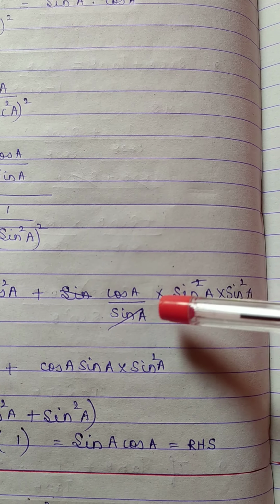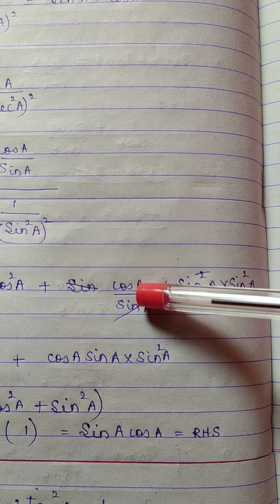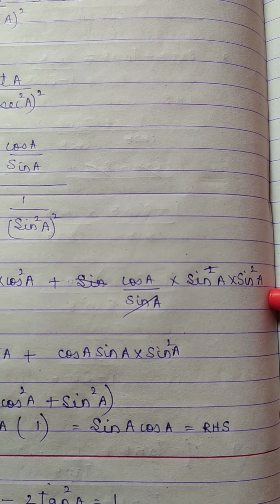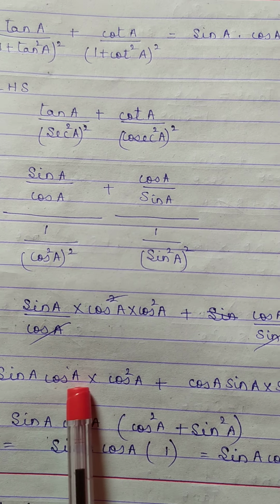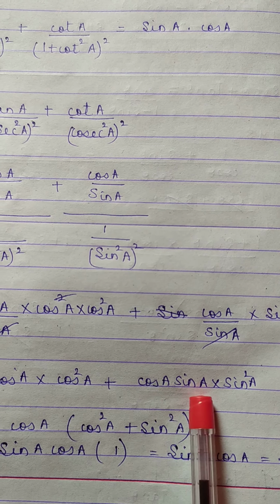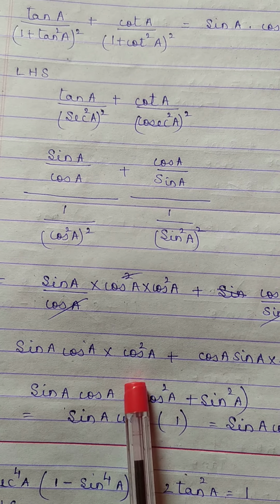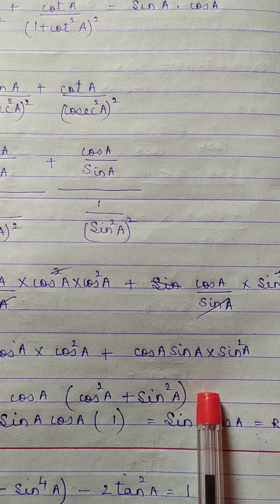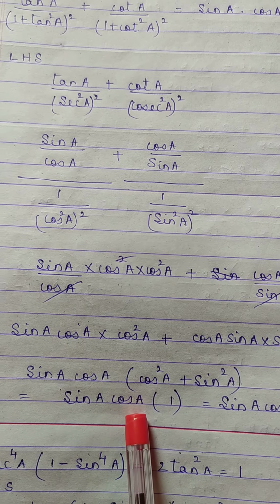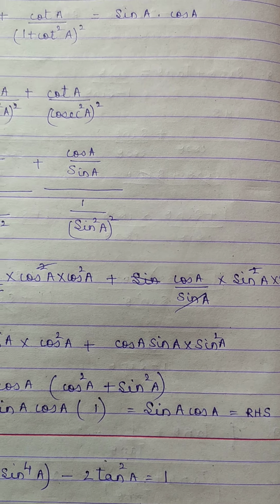Same way here, sin a gets cancelled. So cos a sin a into sin square a. This remains. Now if I look at this identity, I have sin a cos a here, I have sin a cos a here. Take it outside and within bracket write cos square a plus sin square a. This identity, this is equal to 1. So my final answer is sin a cos a, which is your RHS.